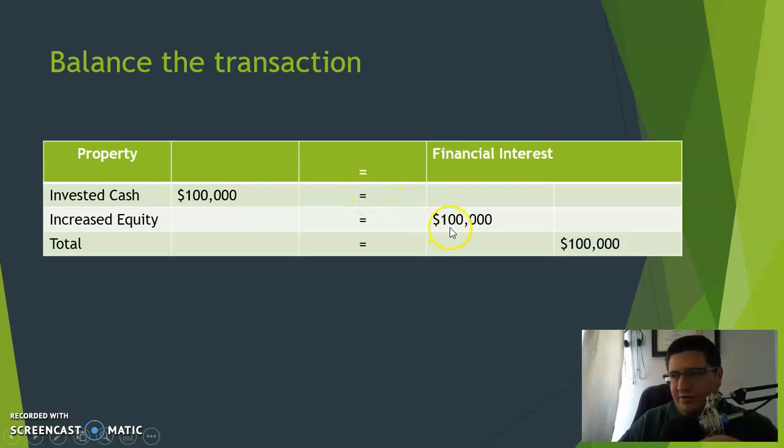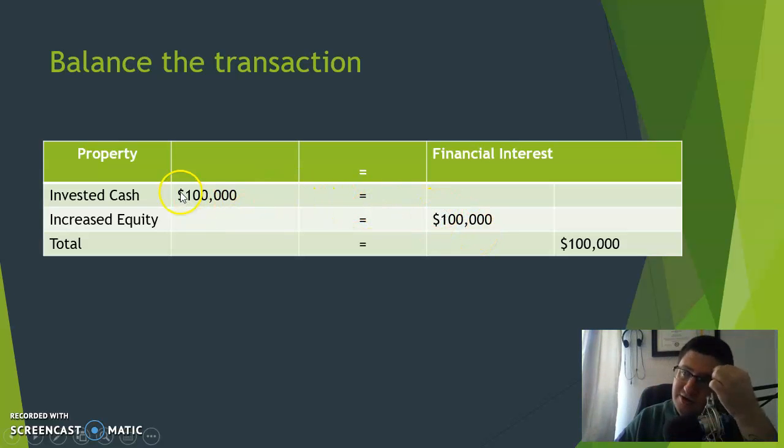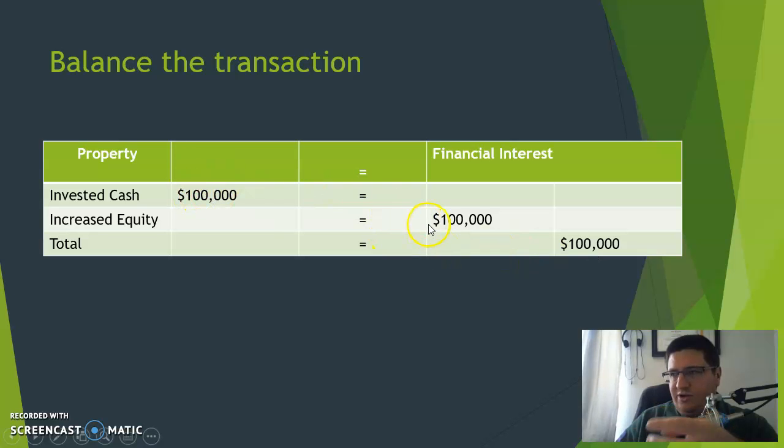Now look how they equal out. Balance the transaction. We have a debit and a credit. This is double entry. Debit and credit. And it both equals 100,000. It's not 100,000 here and 150,000 there. It's 100,000 each way. And we're going to use this in the future to look at how money flows through a business.